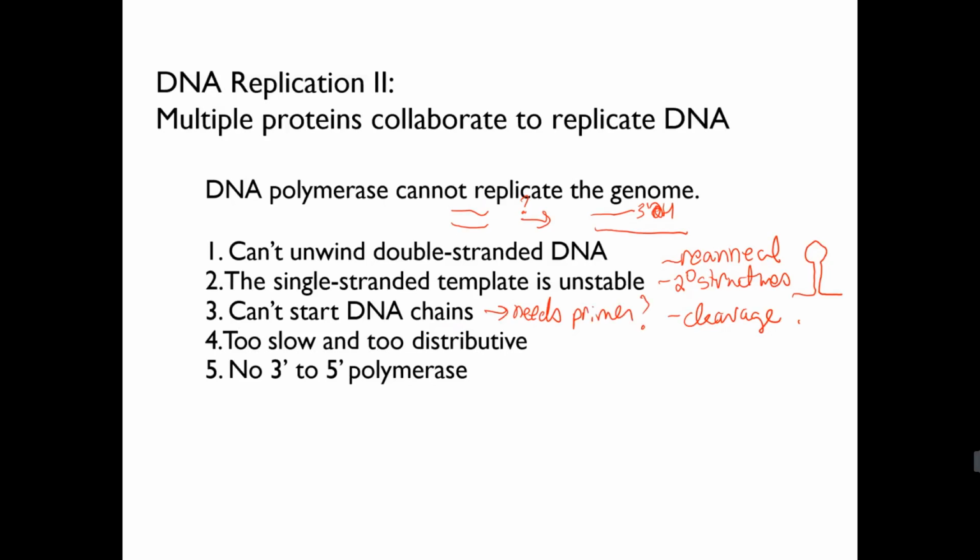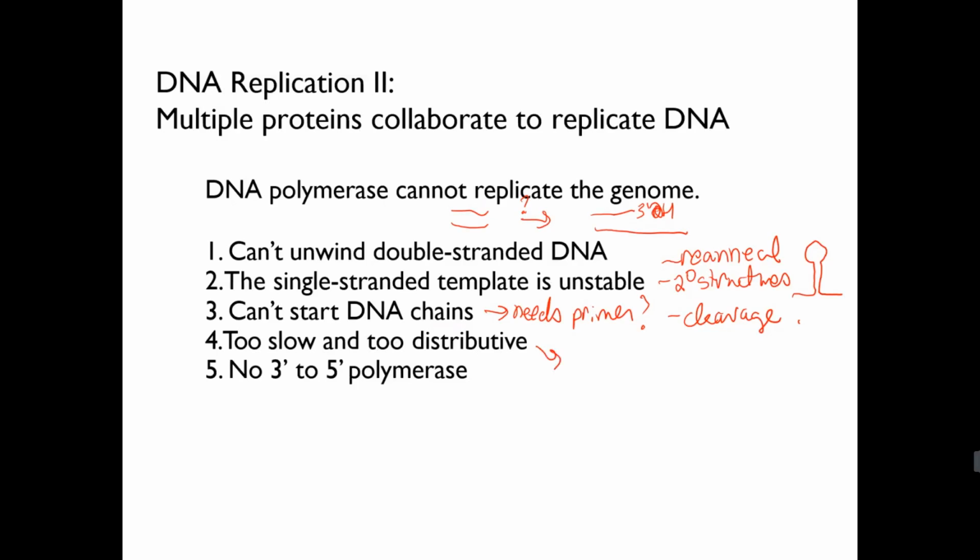Even polymerase 3, which we're all convinced is the polymerase that replicates the E. coli chromosome, is a replicative polymerase that is very slow and too distributive. So again, I can give you an example using the E. coli genome.